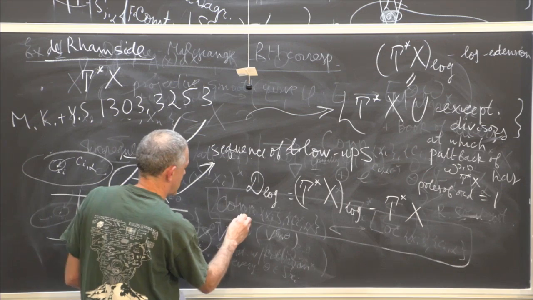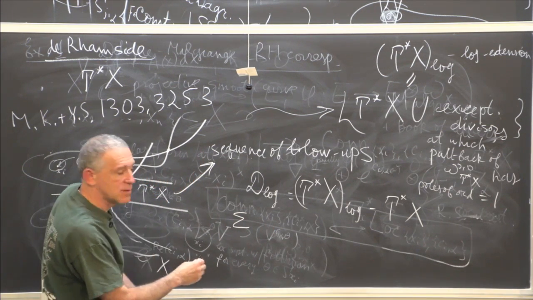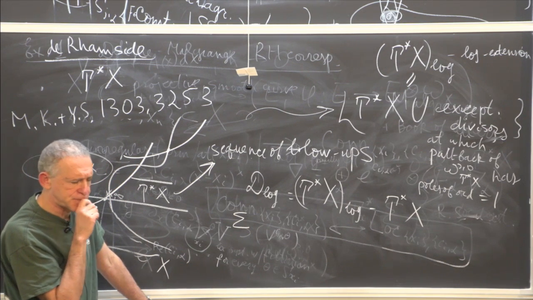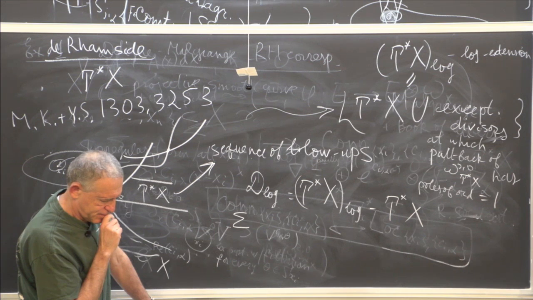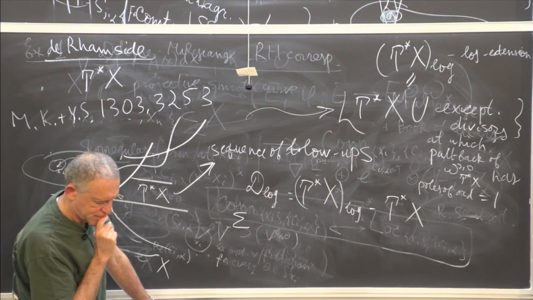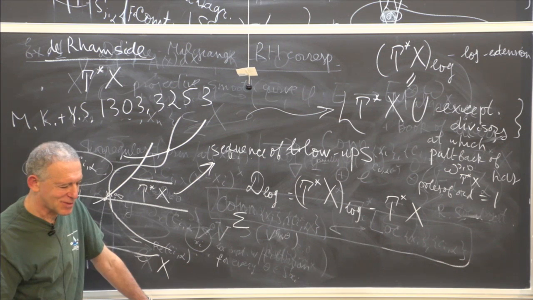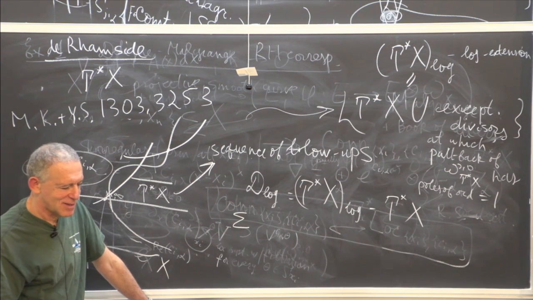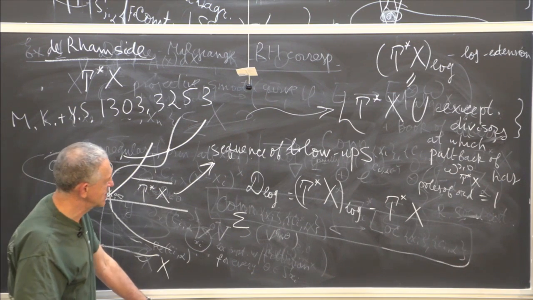So let me repeat the definition of the spectral curve, the one attached to an irregular term. Let's make this sequence of blow-ups and obtain the log extension.